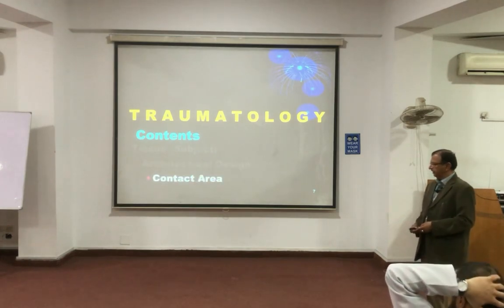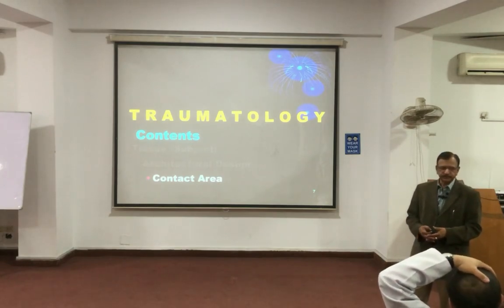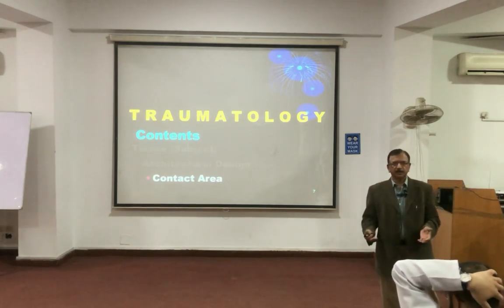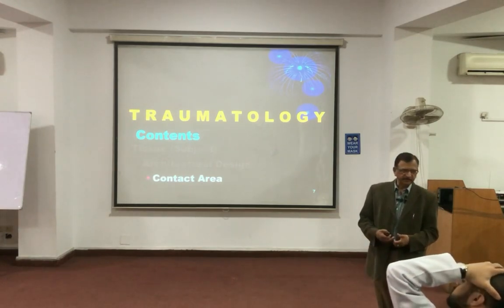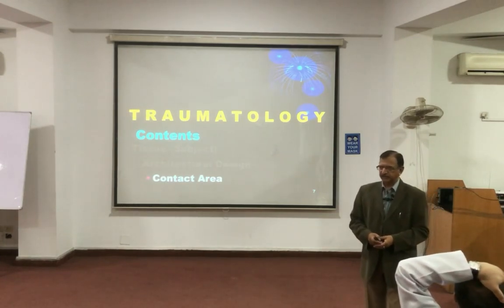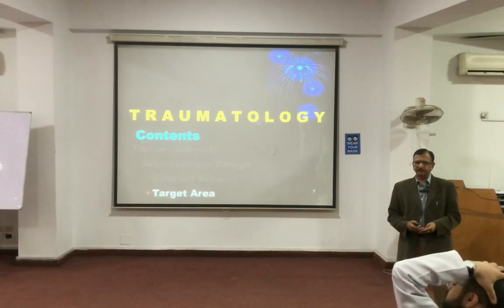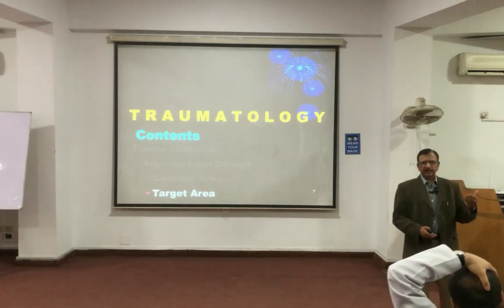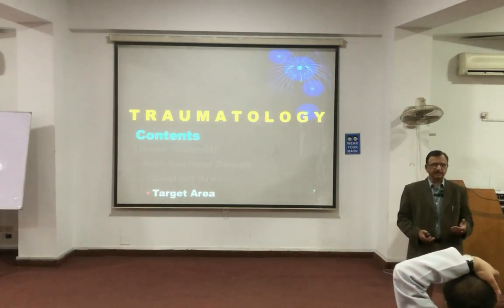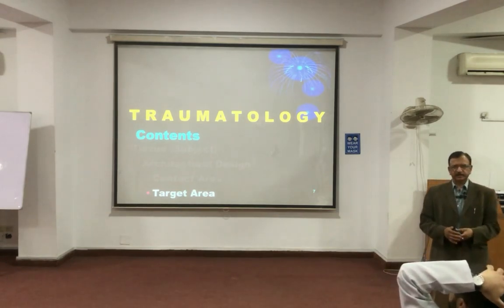of the wound. Then the contact area, where is the force coming in contact? Underneath is bone, underneath is air, underneath is fluid, so that will determine the outcome. And similarly, the target area, sometimes the contact area is different, but the target area, that is the maximum concentration of force, may be at a different place.